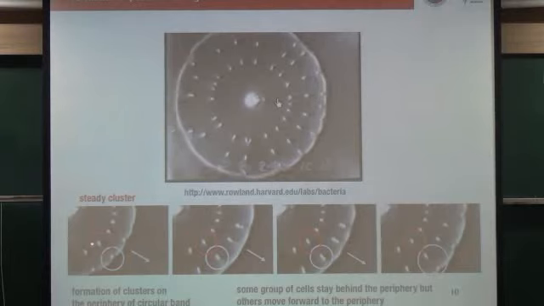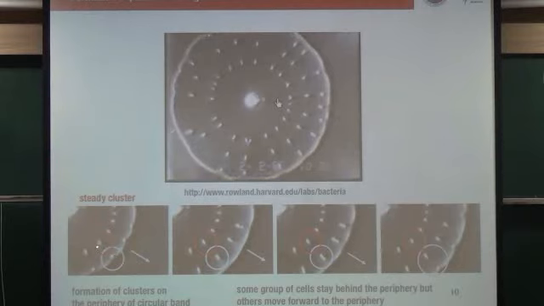So roughly speaking, here, okay, here will be better. So this becomes this one, and some part moves to this one to generate a new cluster. And so here some part is staying there, and some part is moving this way.